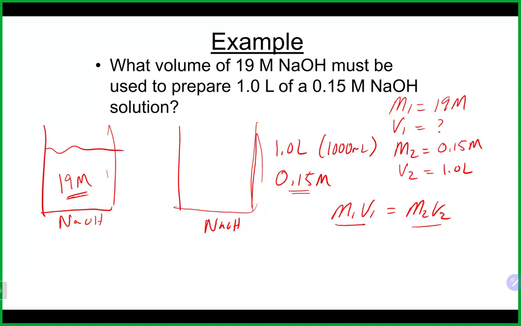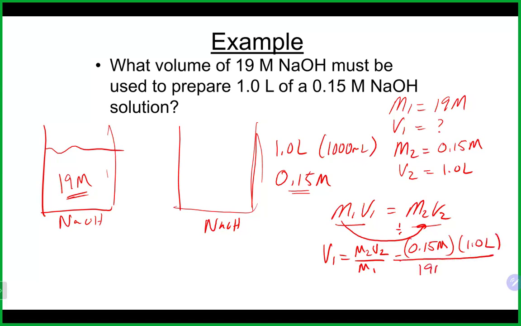Now, if we were going to solve for this, opposites, right? So we're going to divide our M1 to this side, and that will give me V1 equals M2 V2 divided by M1. So putting in our numbers, we end up with 0.15 molar times my 1 liter divided by my 19 molar. The molarities will cancel.